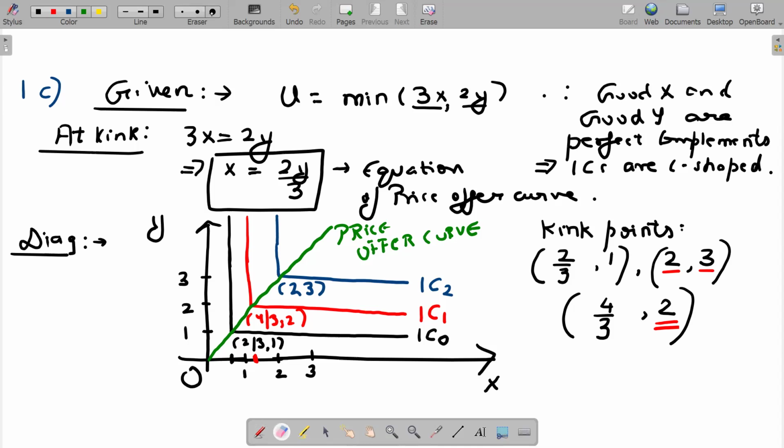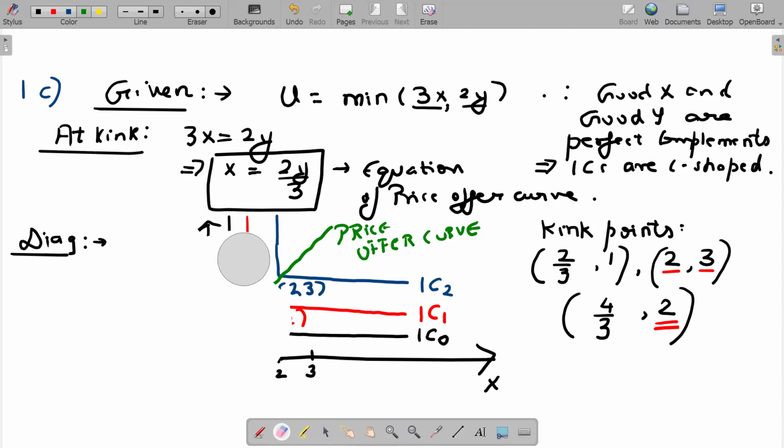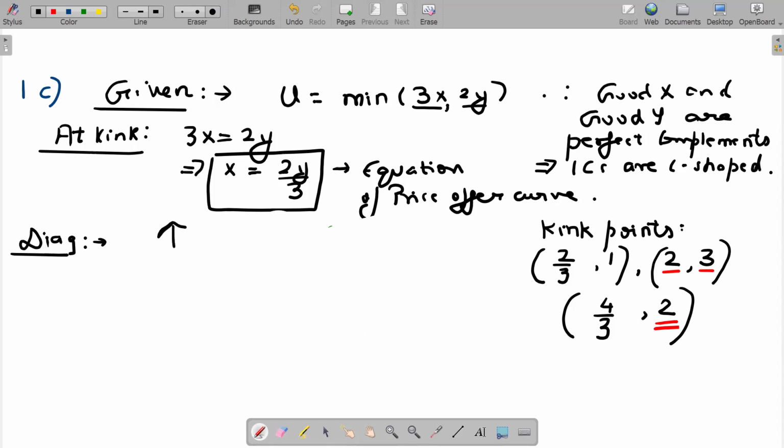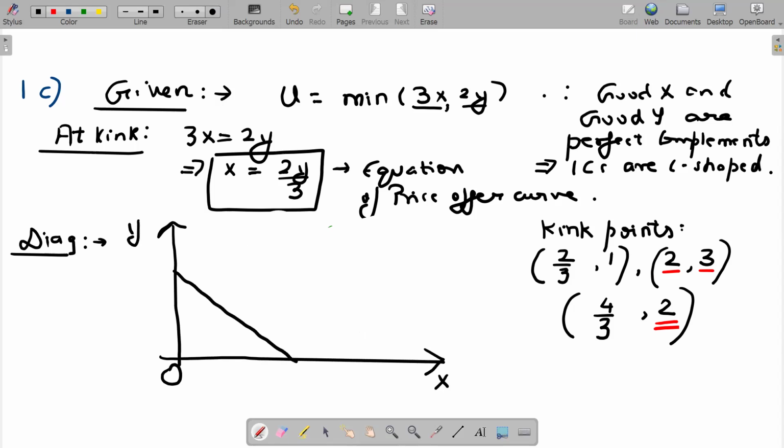Okay, so if I also show a diagram with the budget lines, it's going to look like this. So this is one budget line, AB. And since we are talking about perfect complements, the indifference curve is like this.